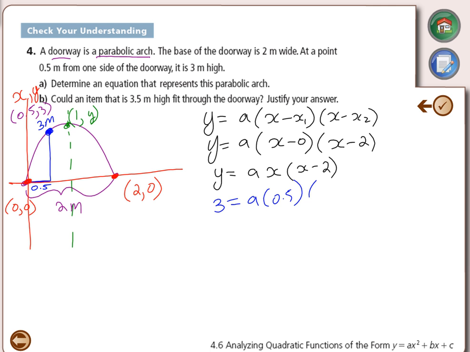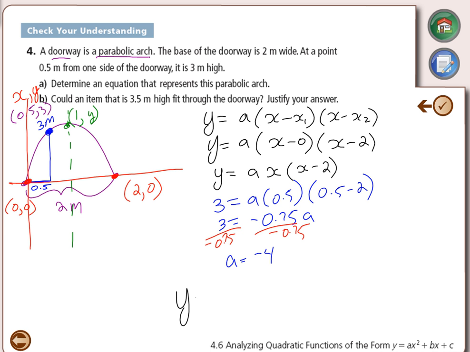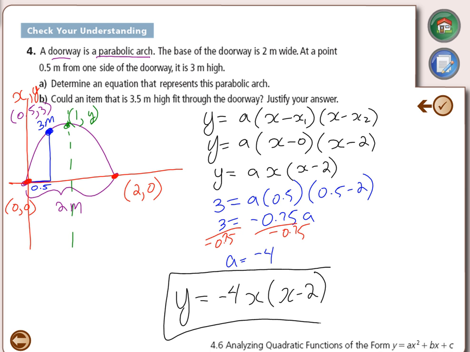So we now have 3 equals a times 0.5 times 0.5 minus 2, or in other words, 3 equals negative 0.75a. Divide over the negative 0.75. And that gives us an a value of negative 4. We knew it needed to be negative, since it's opening down. The equation, therefore, is y equals negative 4x times x minus 2.